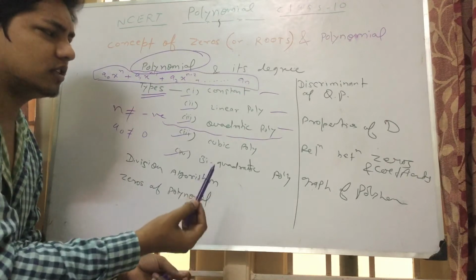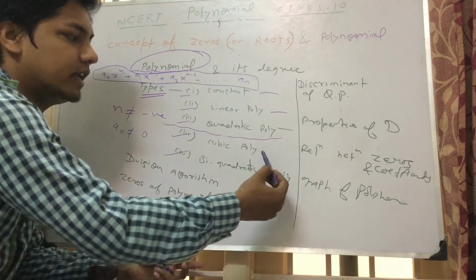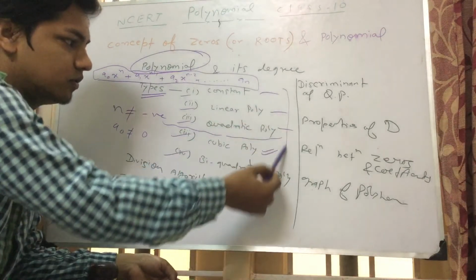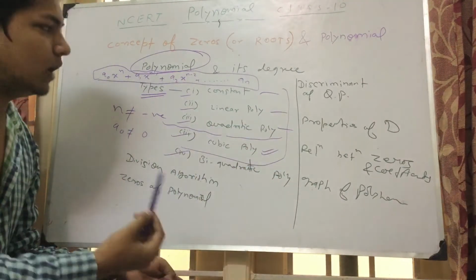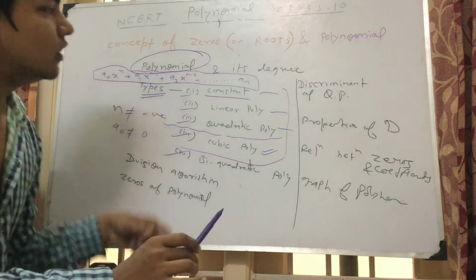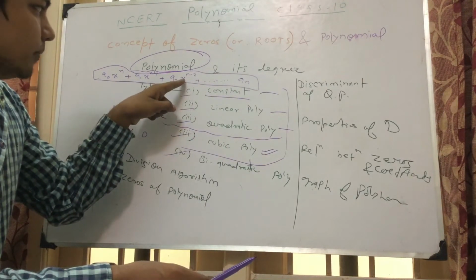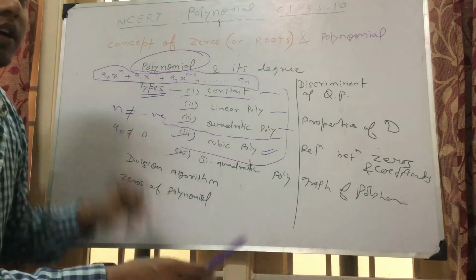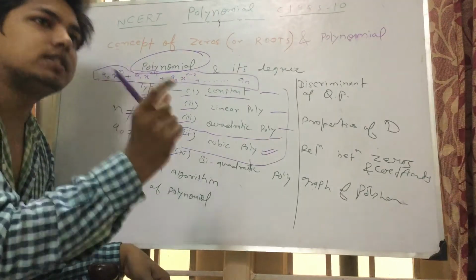Okay, and I think 1 or 2 questions are given in NCERT with cubic polynomial also. So we'll cover all the 4. Now, what is a constant polynomial? In a constant polynomial, we will not have any variable. The x term will not be there. We'll have only one constant number.